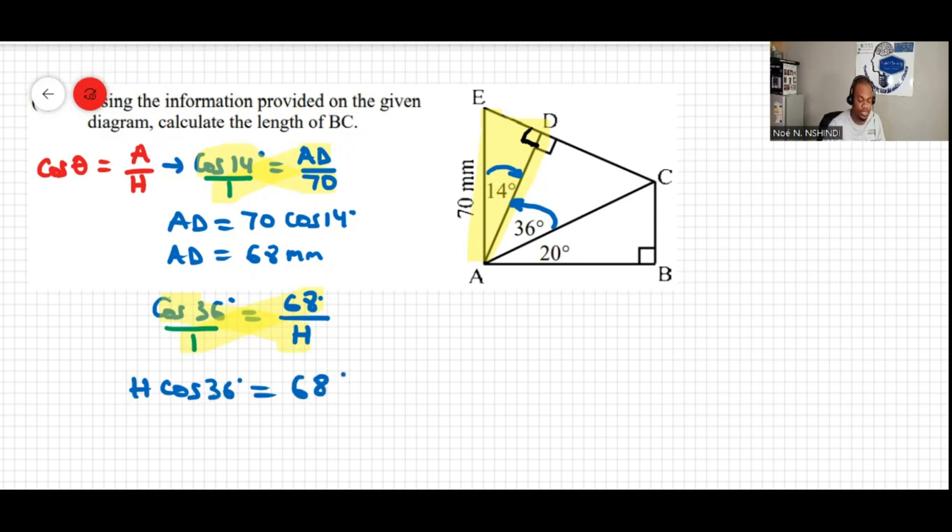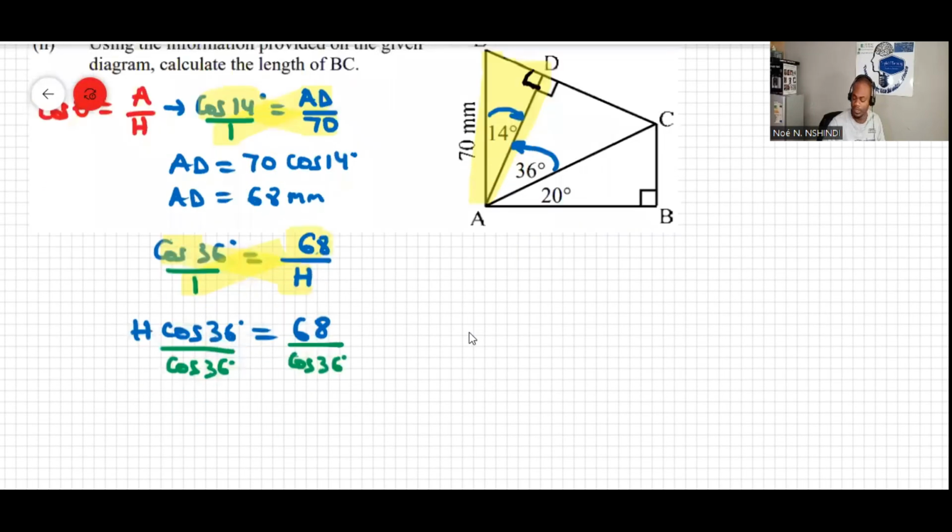To get the value of h, we'll divide both sides by cos 36 degrees. There's no degrees there, 68 is the length.